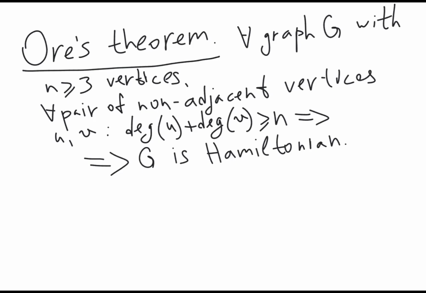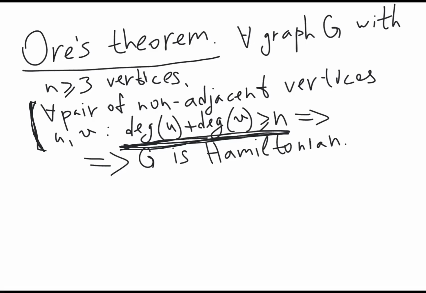It says that if you have a graph on n vertices where n is greater than or equal to 3, and if for any pair of non-adjacent vertices u and v, the sum of their degrees is greater than or equal to n, then this is enough to conclude that G is Hamiltonian.